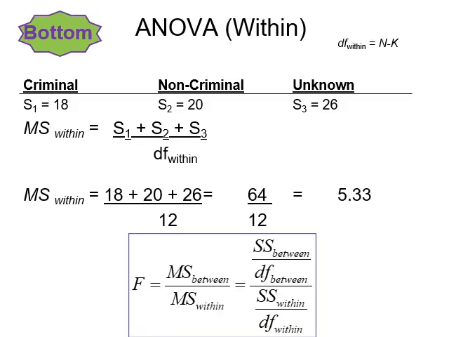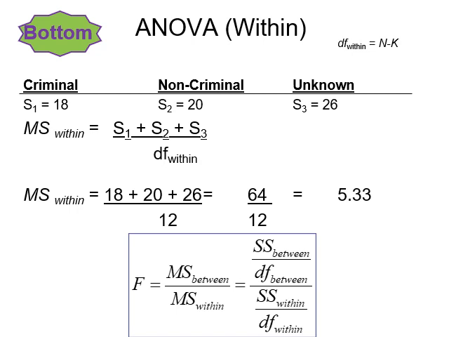So at this point, we're simply going to add up our sums of squares. So again, we're adding 18 plus 20 plus 26, which equals 64, and we're going to divide it by the degrees of freedom within. In this case, the degrees of freedom within is n minus k, so the total number of participants minus your number of conditions.